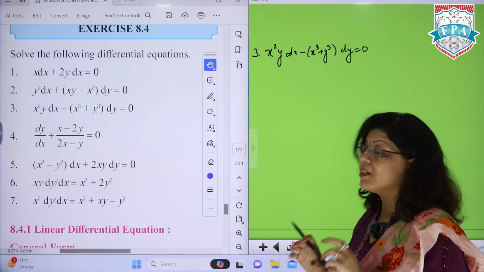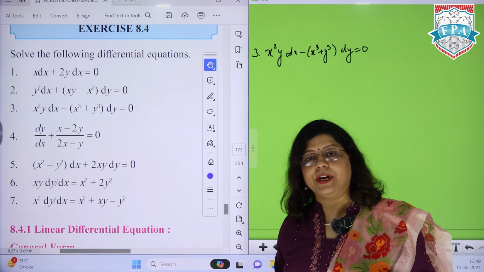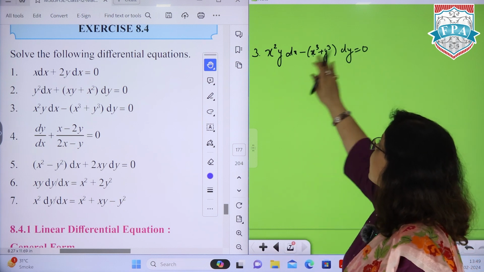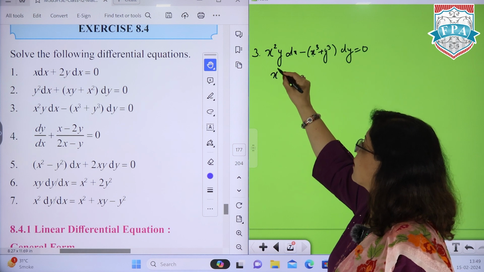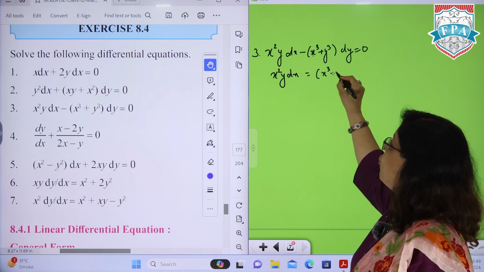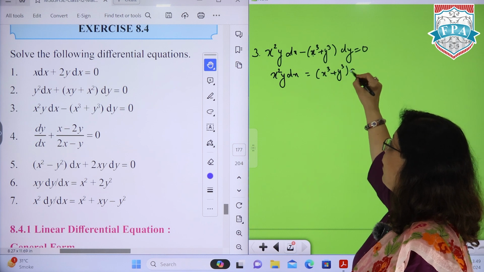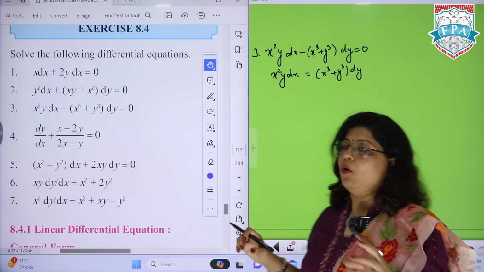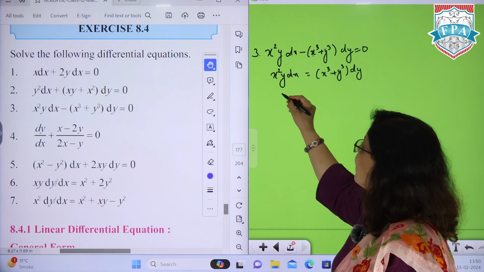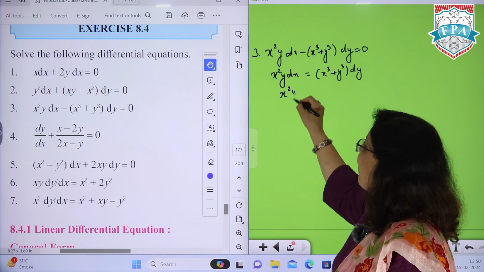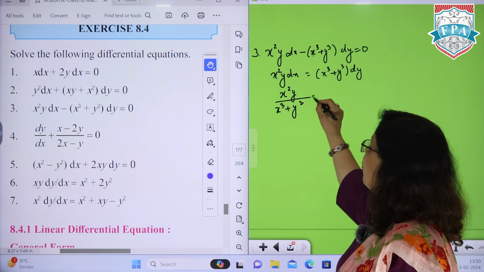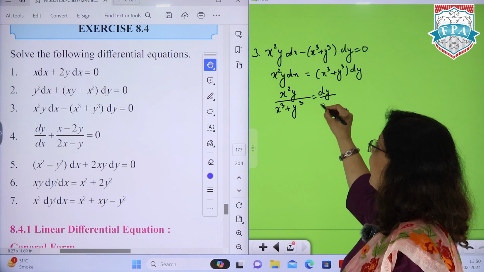Now, first simplify it in the form of dy by dx so that we can start our work. So for that, we'll shift this to the other side. x square y dx is equal to x cube plus y cube dy. Don't open the bracket right now. Keep it in the bracket. And then you can see x square y upon x cube plus y cube is equal to dy by dx.